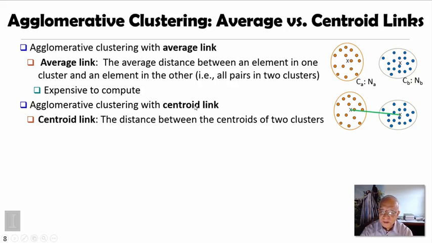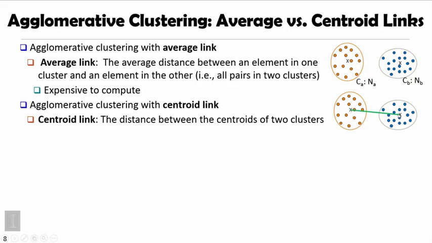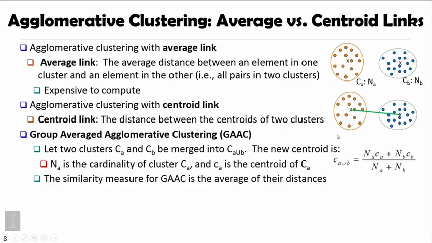A more efficient way to calculate the distance between two clusters is to use centroid link. You calculate the centroid of cluster C sub A and the centroid of cluster C sub B. Then the distance between the two clusters is defined by the distance between these two centroids. You may even want to put a weight there. For example, if cluster C sub A has many more points than cluster C sub B, you want to take this into consideration. Then we introduce GAAC, or group averaged agglomerative clustering.